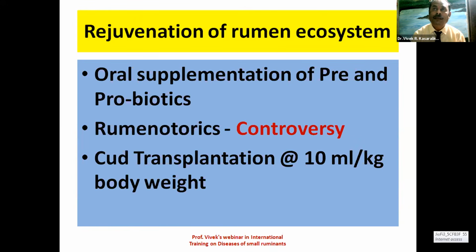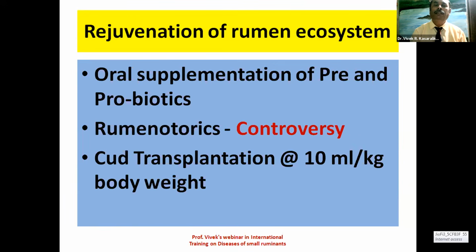So I suggest waiting about 3 days before inducting rumenotorics in the treatment of ruminal acidosis. This is my personal suggestion, always open for discussion. What I have seen is that chemical rumenotorics can add to chemical rumenitis in acute ruminal acidosis.